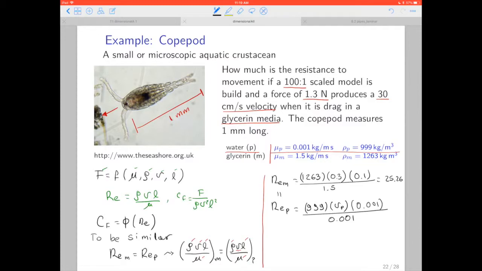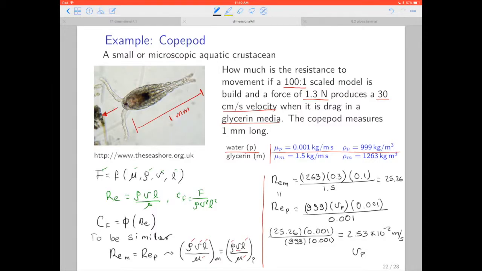So we can solve for the velocity. So we have 25.26 multiplied by 0.001 divided by 999 and divided by 0.001, and that should give us a value of 2.53 × 10^-2 meters per second. So that's the velocity in the prototype.